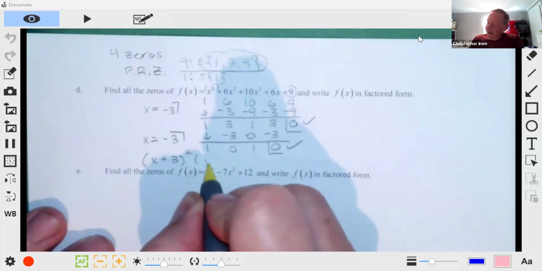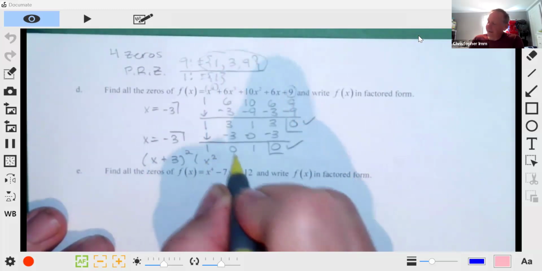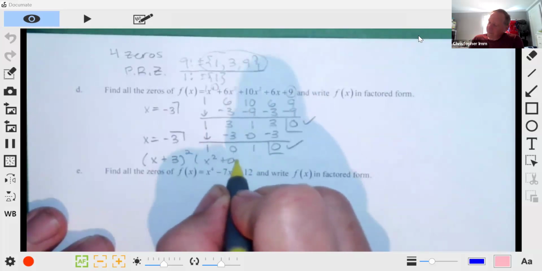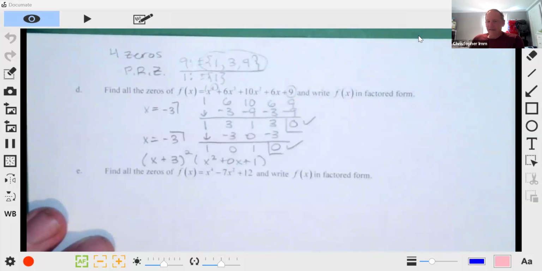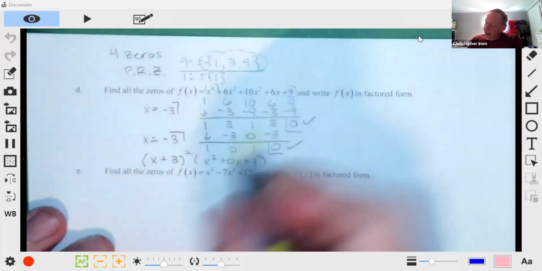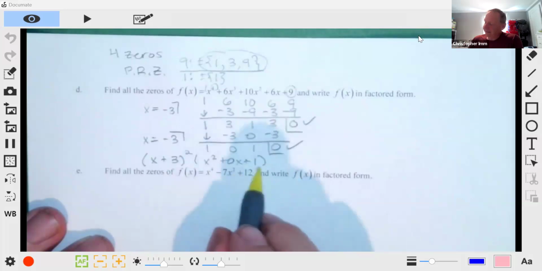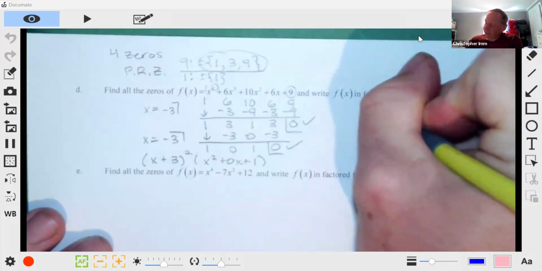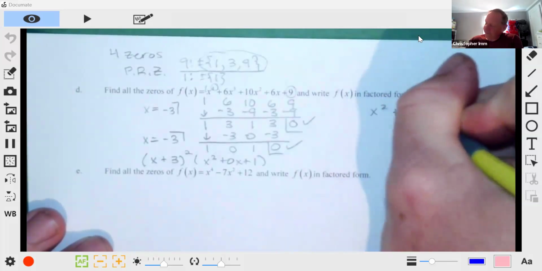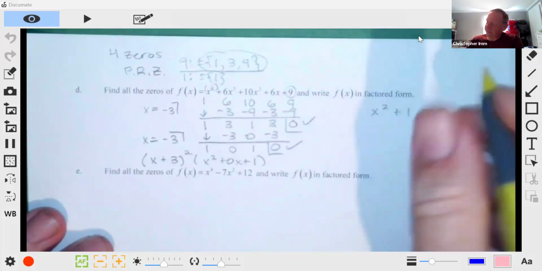And then here we have an x squared plus 0x plus 1. All right, so I'm going to take this last polynomial here. It doesn't factor, but I can use the quadratic formula, or this one doesn't have a middle term, so why not use that square root method?